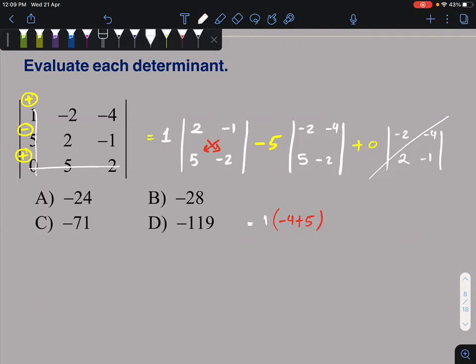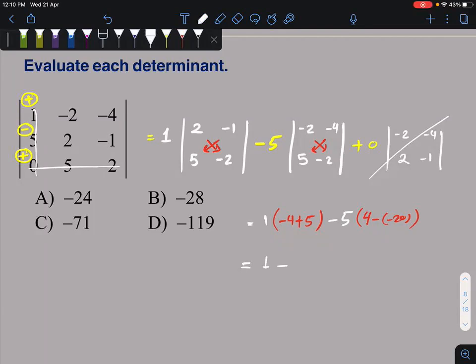And then here -5, and also by cross multiplication, we have -2 by -2, which is 4, and then minus -20. You can write it like this, or you can evaluate directly. We have -4 plus 5, which is 1, and here 4 plus 20, which is 24. 24 times what? 5.